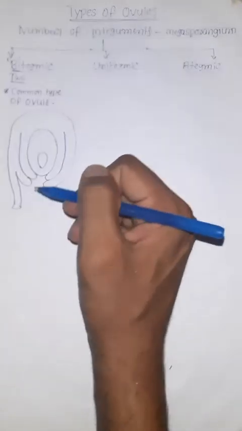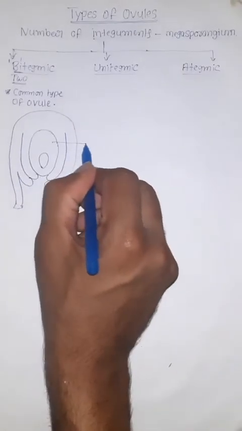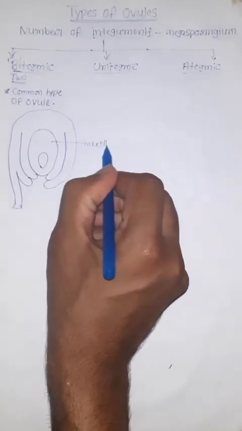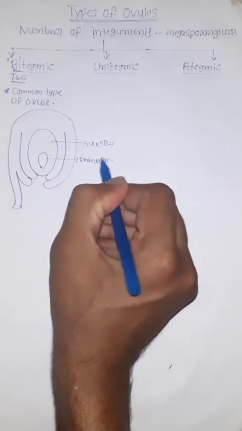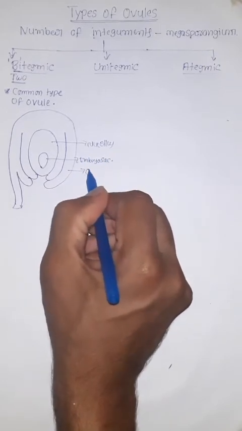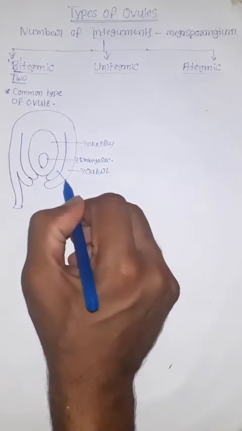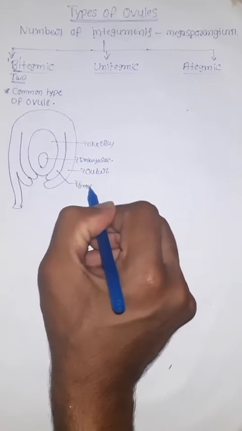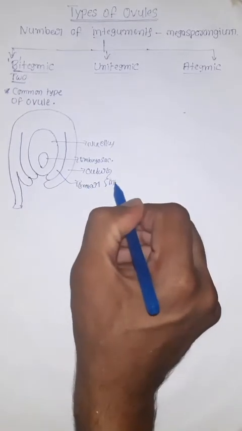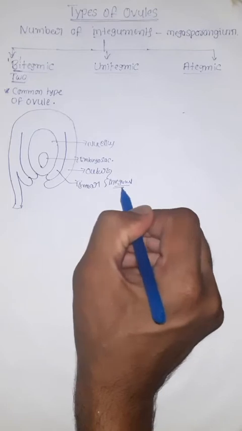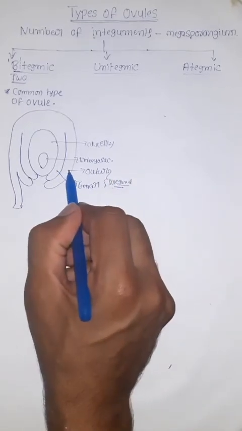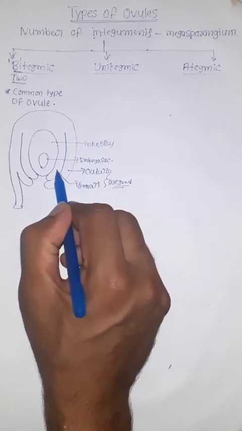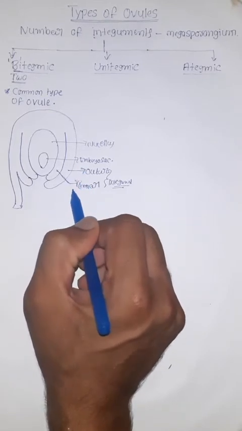Like this. Here it is nucellus, embryo sac, outer integument, inner integument. Means here there will be two integuments, outer integument and lower or inner integument.